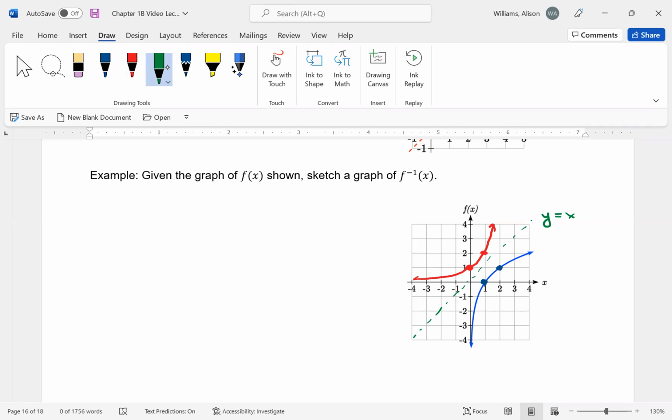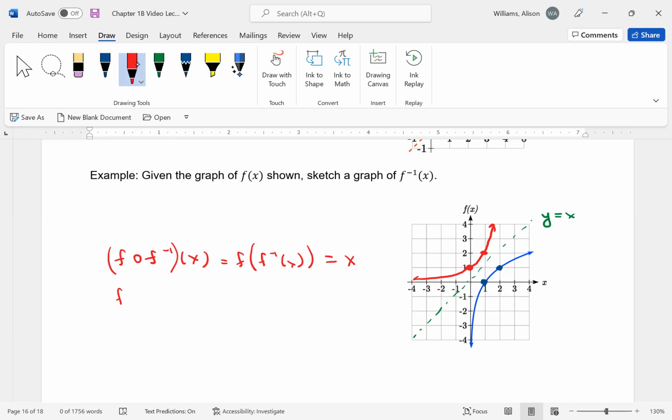The reason that it ends up reflecting over y equals x is that the composition of any of these inverse functions ends up being x. If I take f of x and compose it with f inverse, using the composition notation, f composed with f inverse of x, I'm taking the inverse and plugging it in, and it always comes out to x.